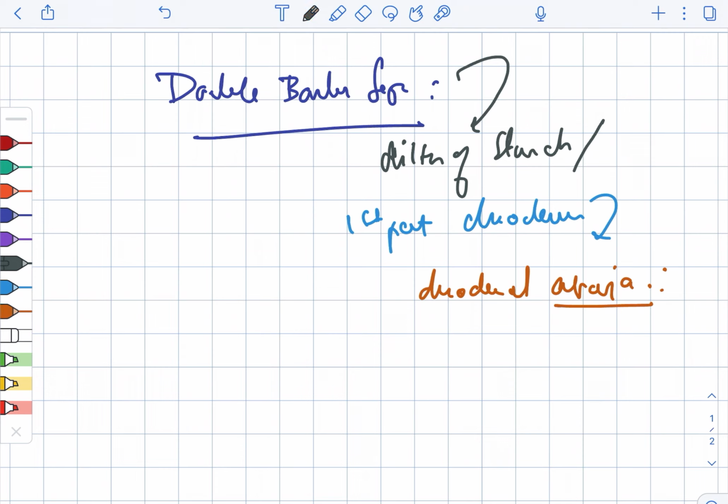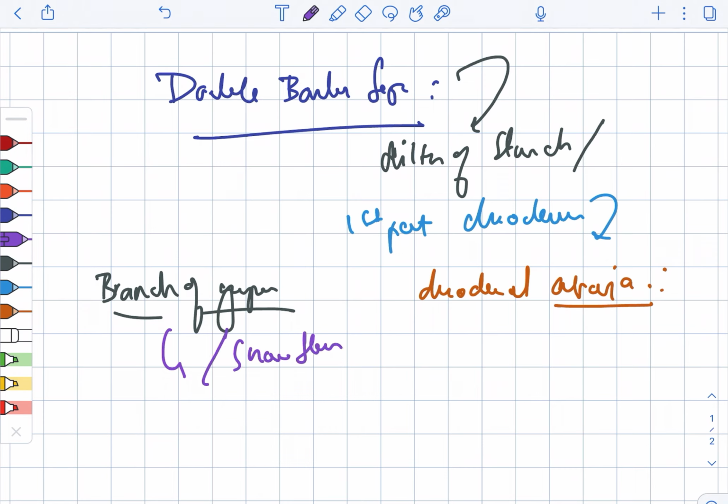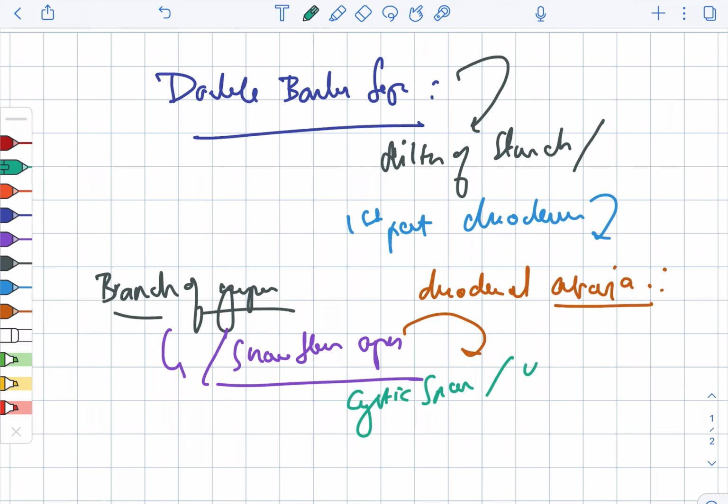Next, the bunch of grapes. It is very characteristic. The bunch of grapes is also known as the snowstorm appearance. They are nothing but the appearance of multiple cystic spaces or lesions of complete mole.